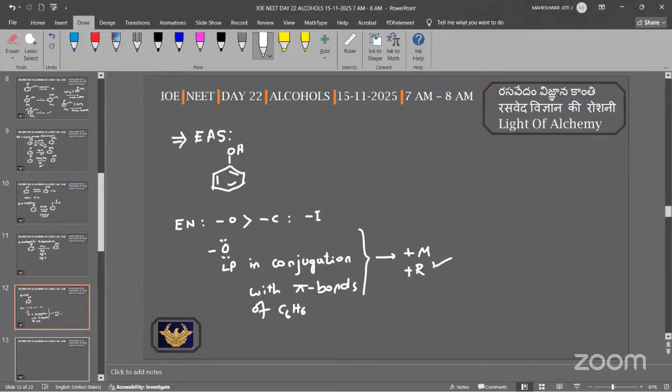So we consider resonance. Therefore, the OH group is an electron donating group, or electron releasing group, right? If an electron releasing group is present, electrophilic substitution takes place at ortho position and para position. Clear?